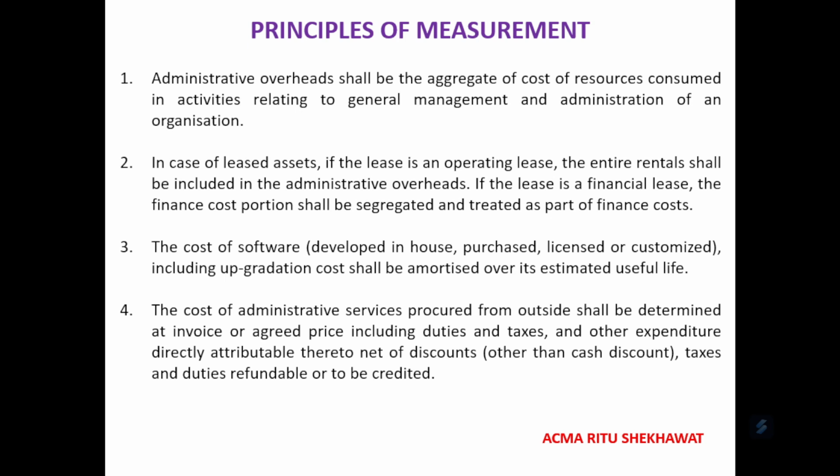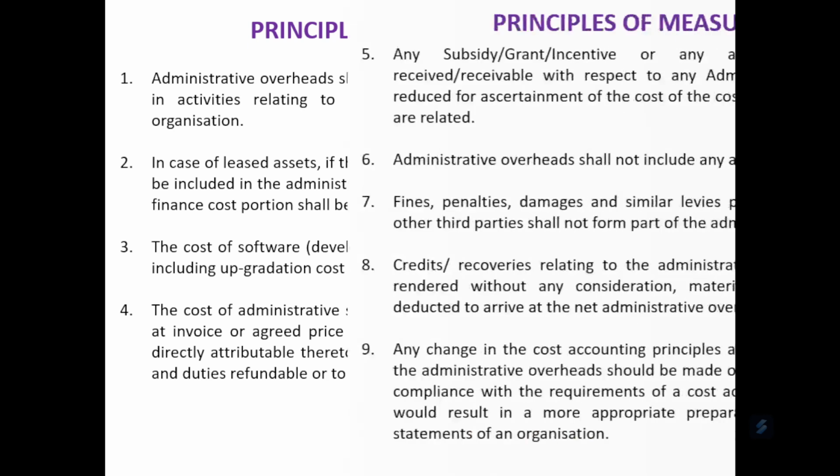The fourth point says the administrative services procured from outside shall be determined at invoice or agreed price, including duties and taxes and other expenses directly attributable thereto, net of any discount, or if there is any ITC available or to be credited, then it should be netted off from the cost of administrative service.